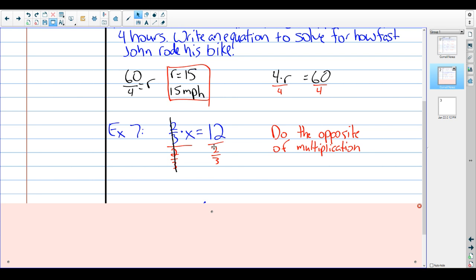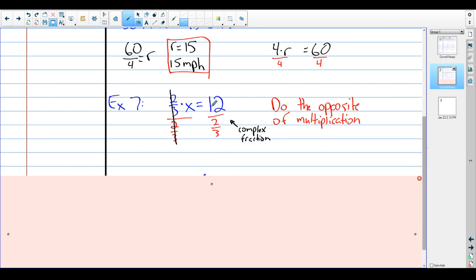Okay. And on the right-hand side, we have our old friend, the complex fraction. So what we're going to do, because we don't actually want to deal with that, we're going to rewrite this as a division problem. So we have 12 divided by 2/3.